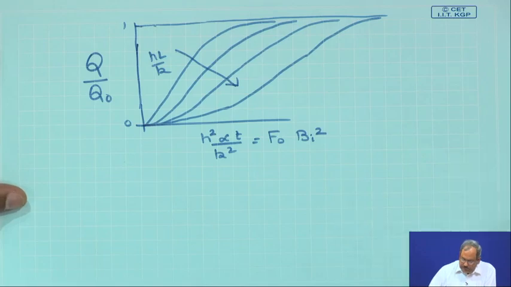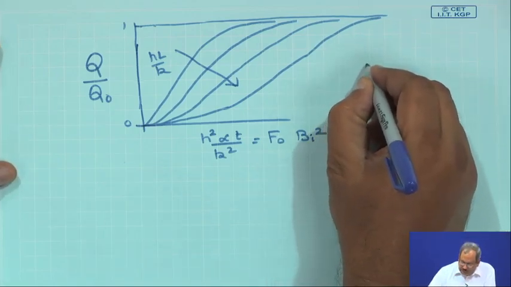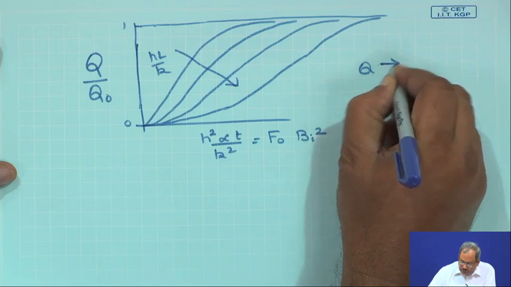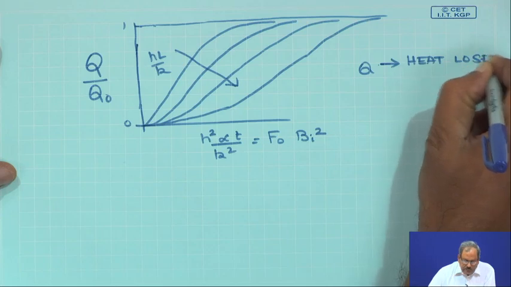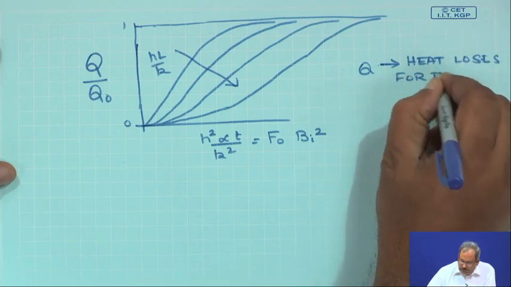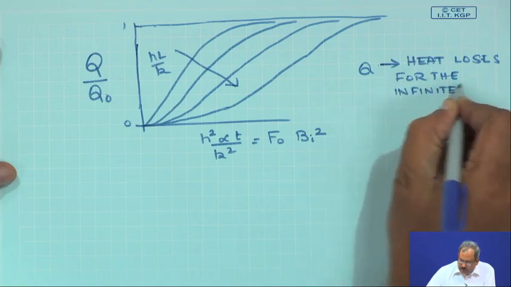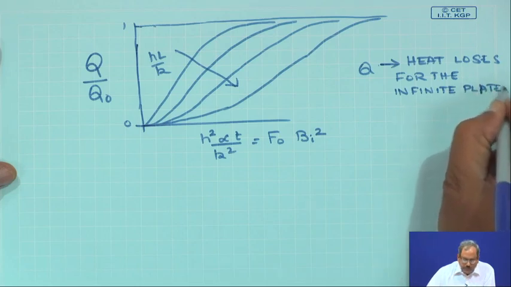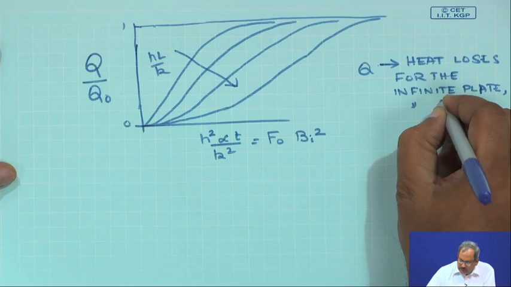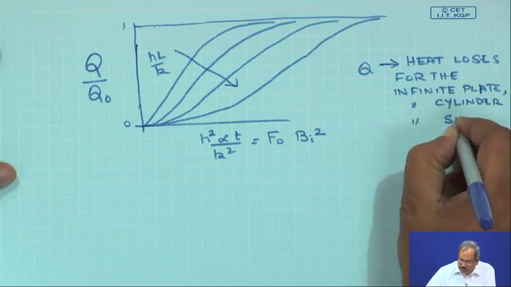So, this Q is the heat, let us say it is a quenching problem, so heat losses. This Q refers to heat losses for the infinite plane, infinite plate, or infinite cylinder and infinite sphere.